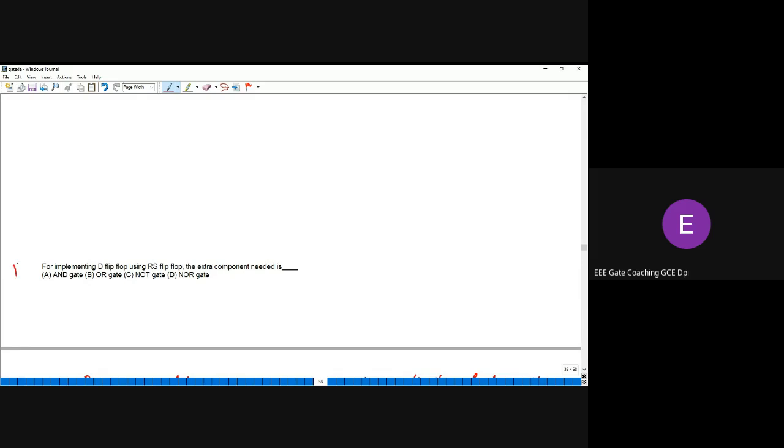Next, 11th problem. So for implementing D flip-flop using RS flip-flop, what is the extra component needed?